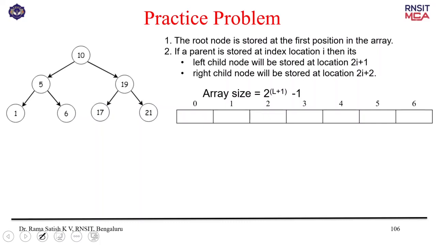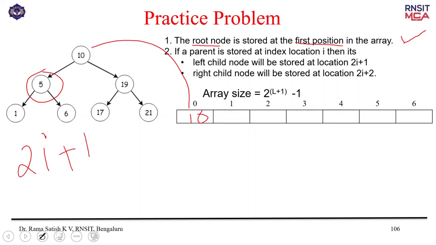Now, what does the first rule say? The root node has to be stored in the first position. So 10 is stored in the first position. Next, if the parent is stored at index position i, then the left child is at 2i plus 1, and the right child is at 2i plus 2.